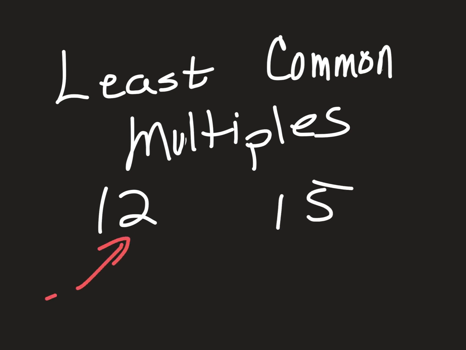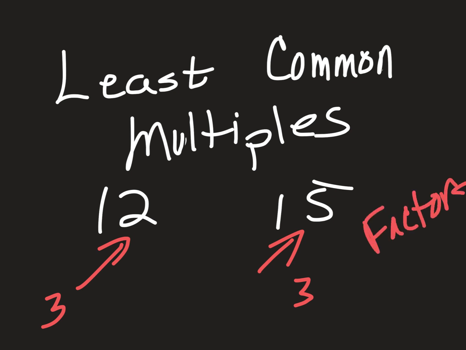They've been saying, oh, 3 goes into 12 and 3 goes into 15, so 3 is the least common multiple. Those aren't multiples, those are factors. The numbers that actually go into other numbers, you just found the greatest common factor. You did not find the least common multiple if you chose those numbers.